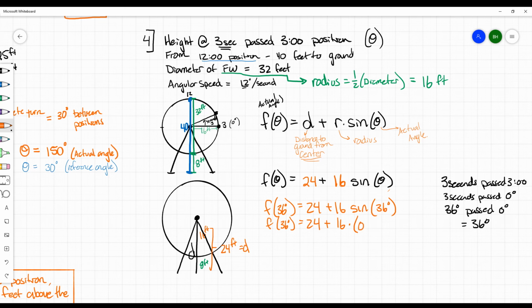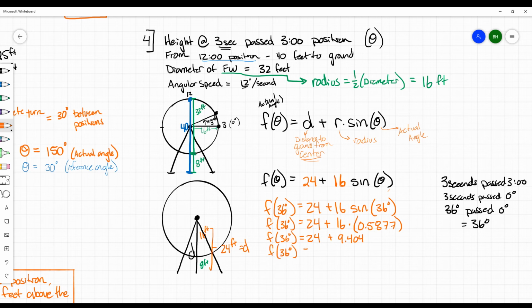Sine of 36 is 0.5877. Like I said before, on my calculator, I'm going to use the whole decimal value that is given to me. Then I get 24 plus 16 times that value, which is 9.404. Once again, I'm using the whole decimal value on my calculator.